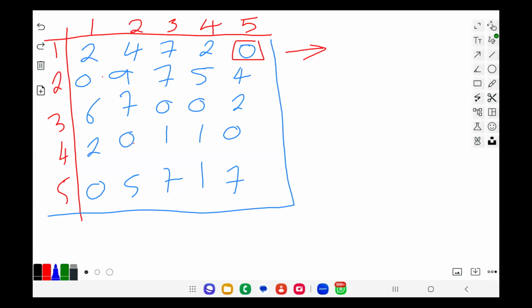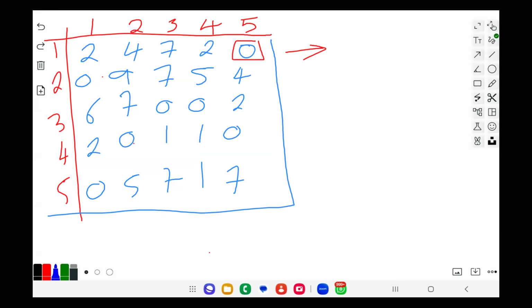Again, the other question is, what if you have 2 zeros, more than 1 zero? At that point, you skip that row as well, just the way it is. You will not do anything on that row.